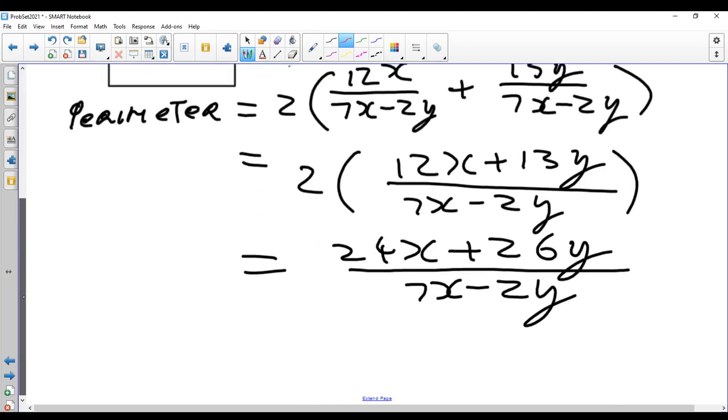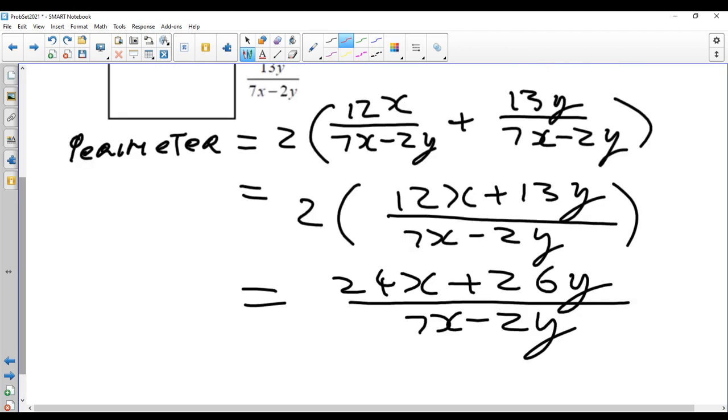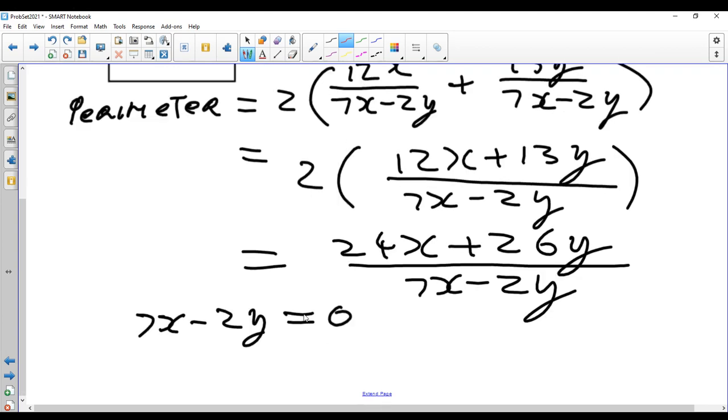State all restrictions on the variable. Anybody know what restrictions would be on this? No, you could have zeros there. That's fine. You're on the right track. Let me show you what we're saying. We're saying that 7x minus 2y cannot be equal to 0.